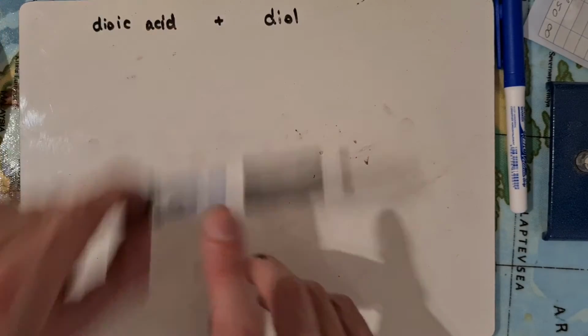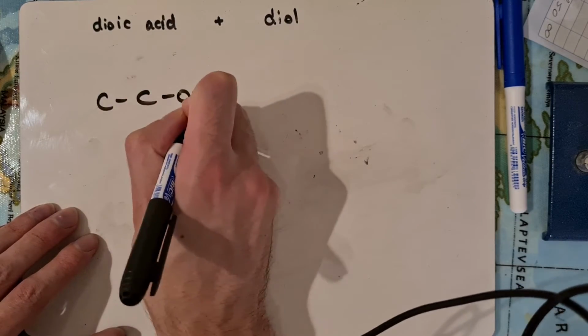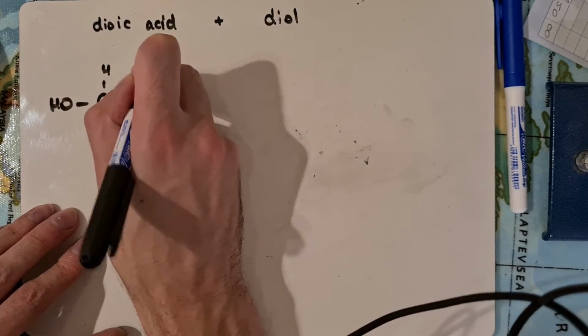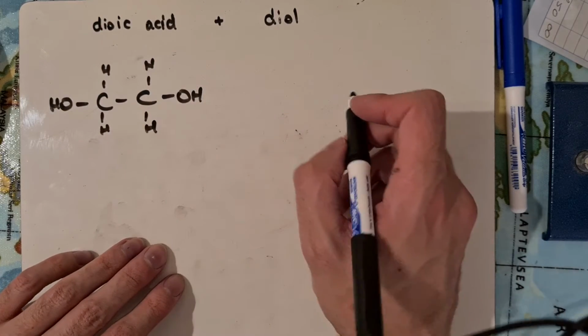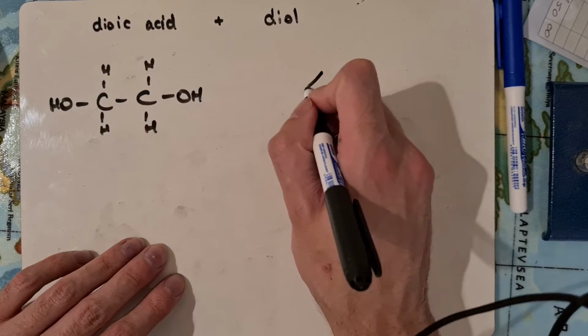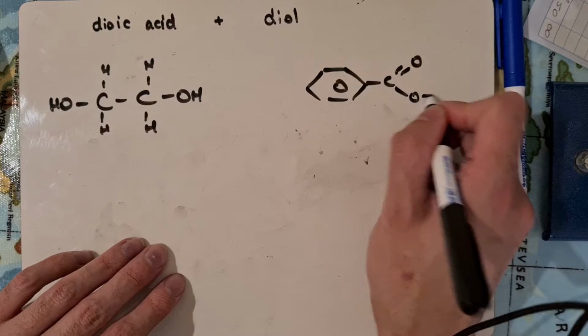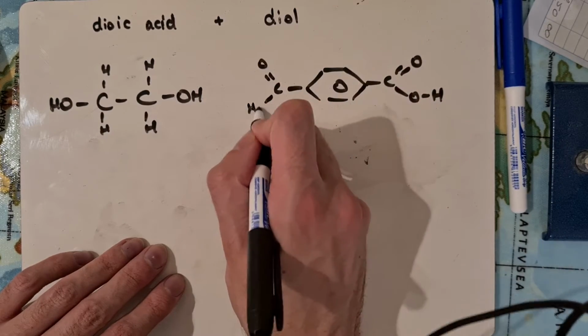I'll draw the structures of the next part, so condensation polymerization to form polyethylene terephthalate, but I'll let you complete it. So ethane-1,2-diol has alcohol groups, the OHs, and benzene-1,4-dicarboxylic acid is a benzene ring with carboxylic acid groups directly opposite each other.